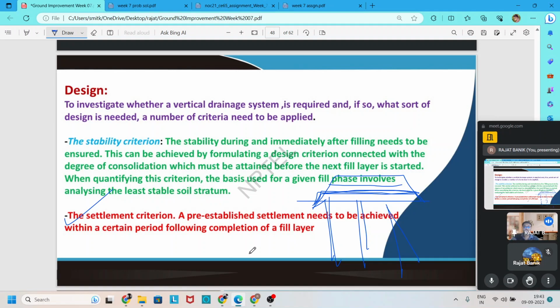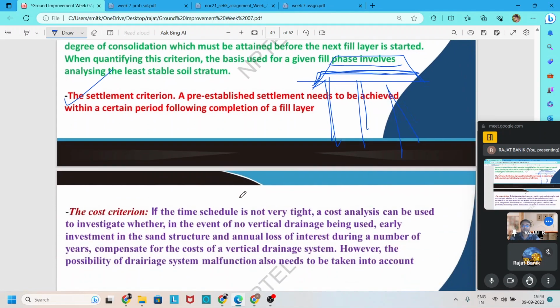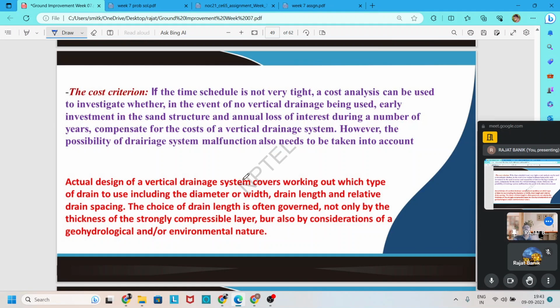during our design step. Then we need to check the cost of the construction. So if the time schedule is not very tight, a cost analysis can be used to investigate whether, in the event of no vertical drainage being used or whether it is used, an early investment in the sand structure and annual loss of interest during a number of years compensate for the cost of the vertical drain system.